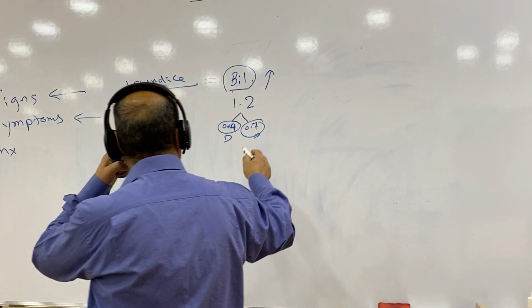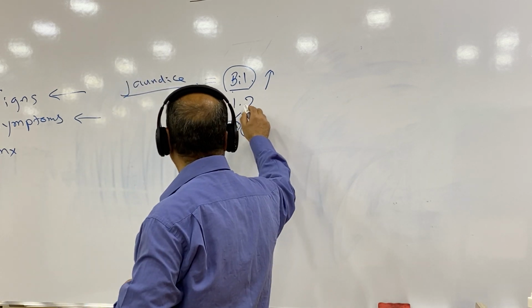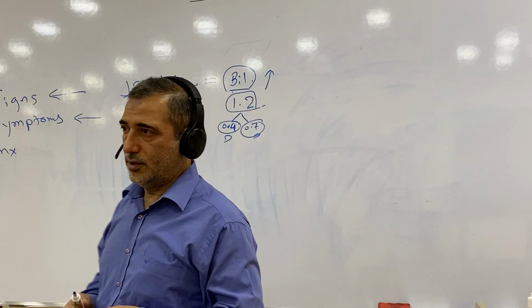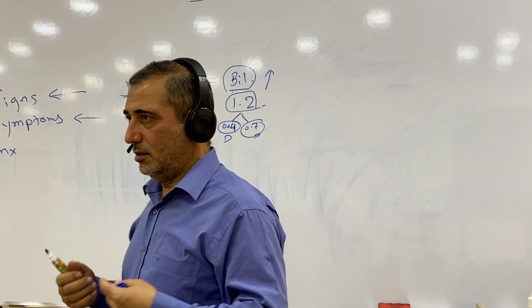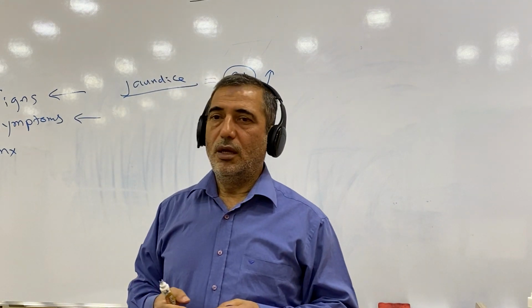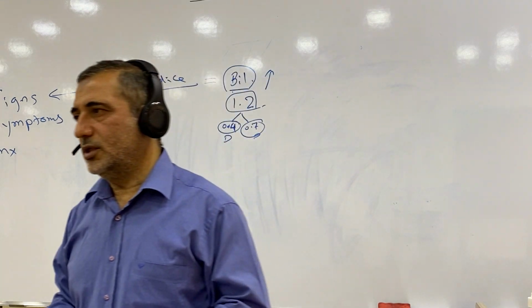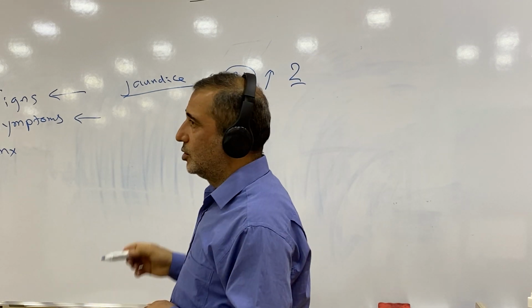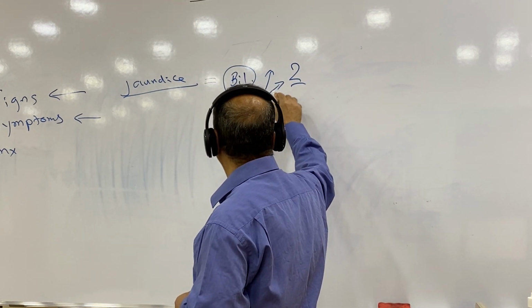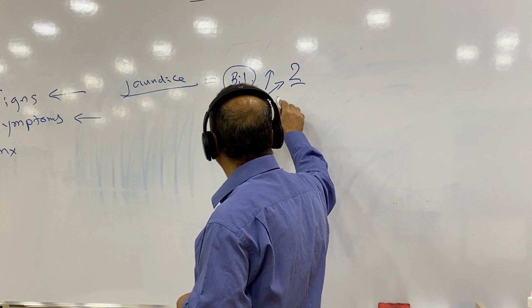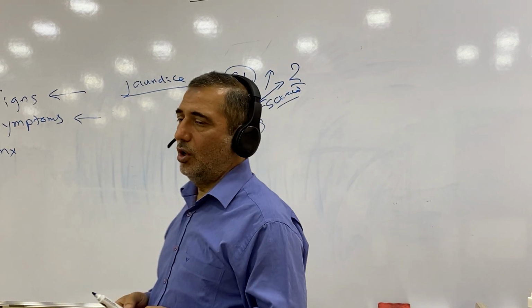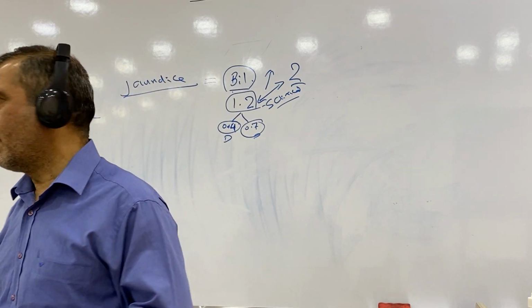So when it is 1.2 and above, then this is jaundice. Clinically, you will not see jaundice unless it is above 2. So between 1.2 and 2, this is subclinical jaundice. Only by biochemical test.